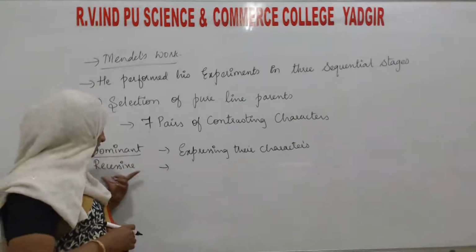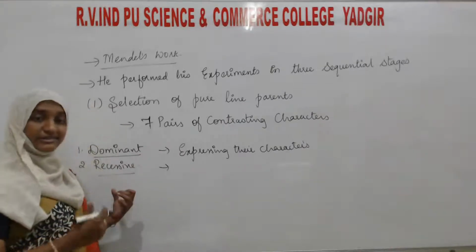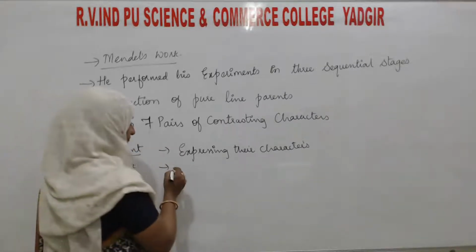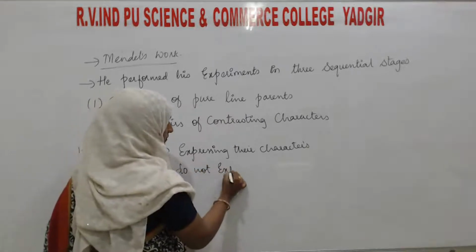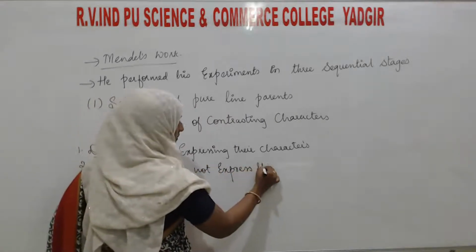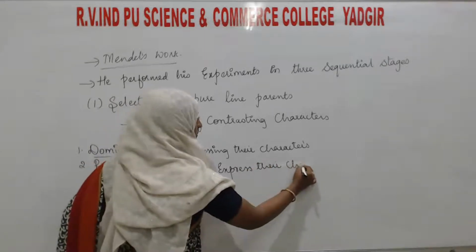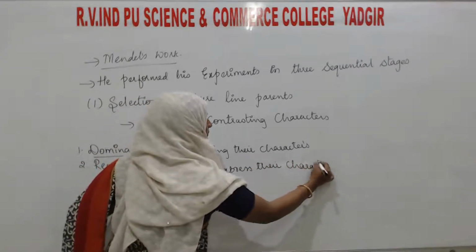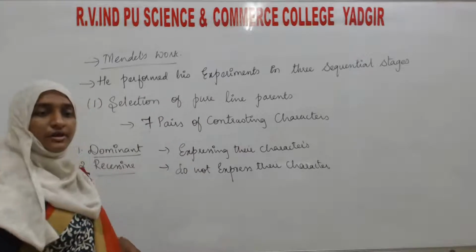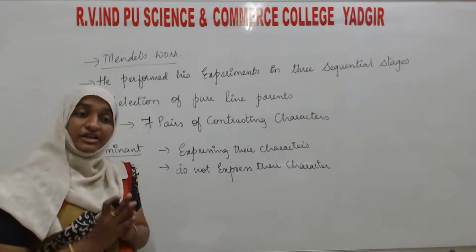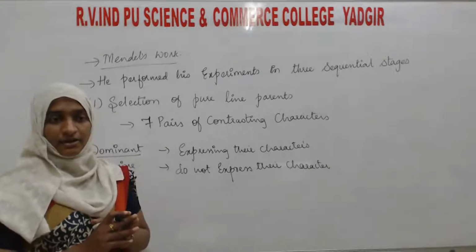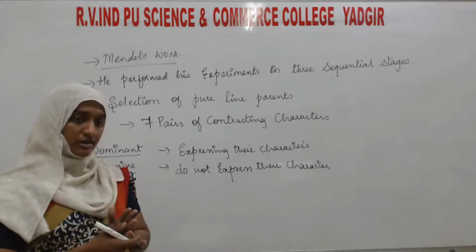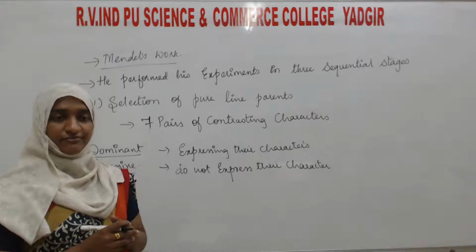And one more term is recessive. Recessive means which do not express their character. They have their genes, but they are not expressing their characters. Okay, see in the class, one more example about the recessive.